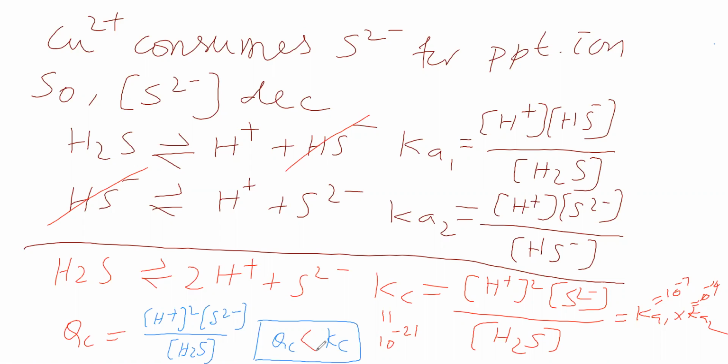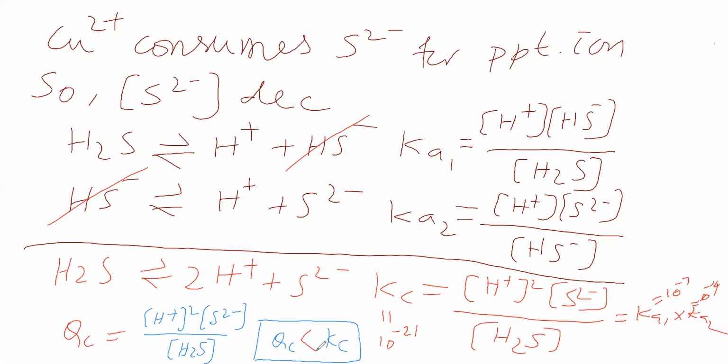Qc is less than Kc means the system is not at equilibrium. System is not at equilibrium means the system will try to get equilibrium. The system is disturbed, so what will it do? It will try to attain equilibrium.